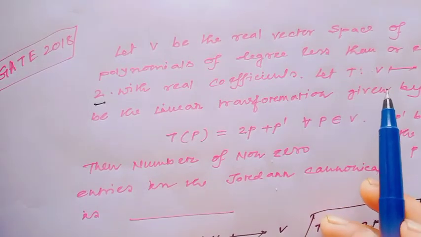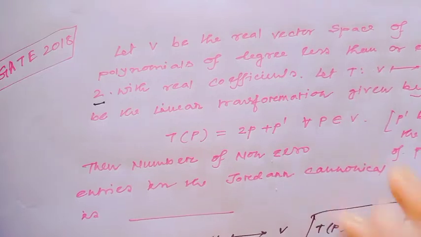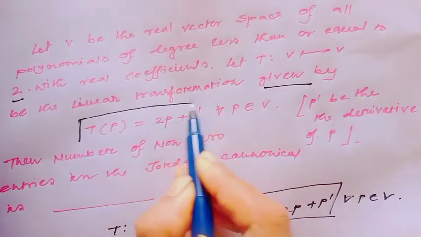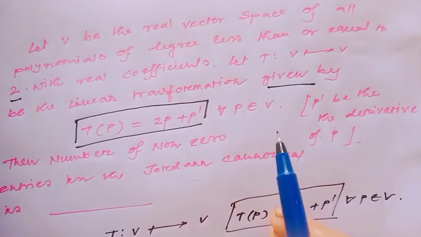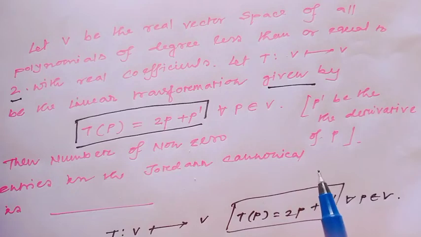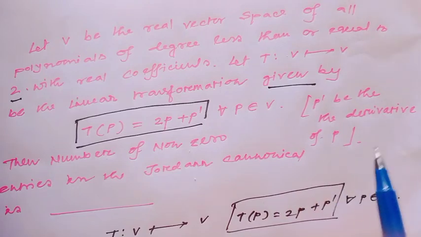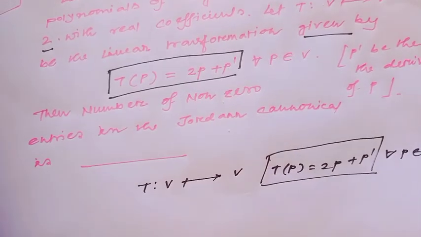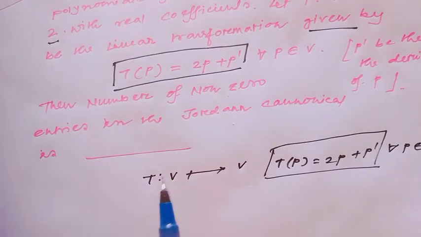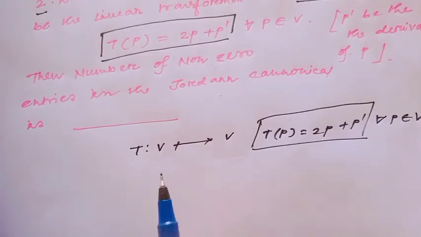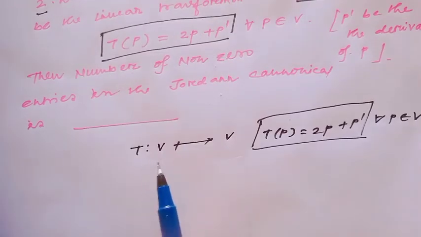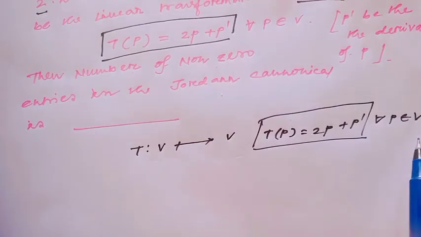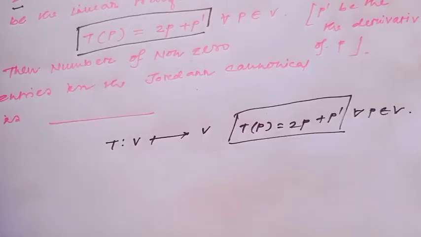And the mapping T from the vector space to itself is a linear transformation given by T of P equal to 2P plus P prime, for all P belonging to this vector space, and P prime is the derivative of this polynomial. Then the number of non-zero entries in the Jordan canonical form is?